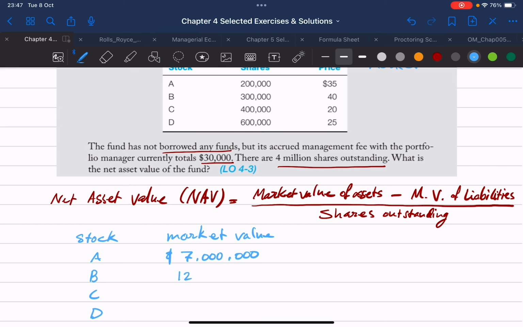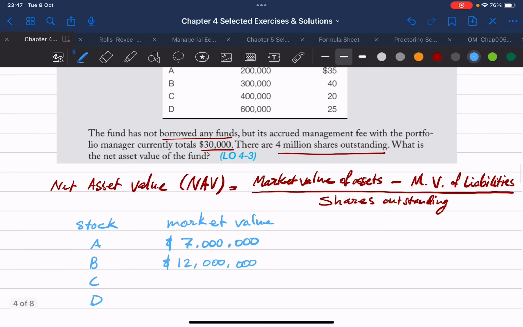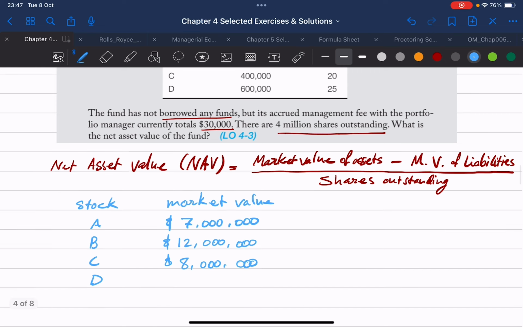That will give us 12 million. And then C, 400,000 shares multiplied by 20. That's $8 million. And then finally D, 600,000 shares multiplied by 25, and that will give us 15 million.